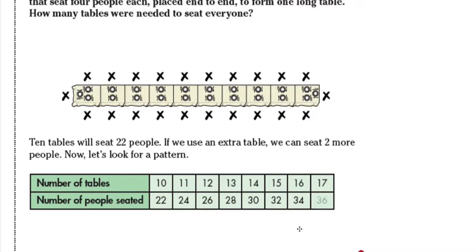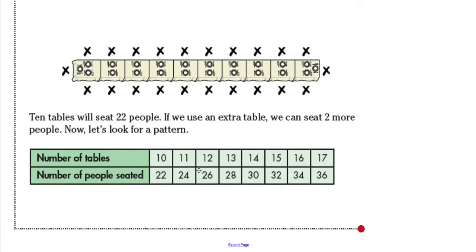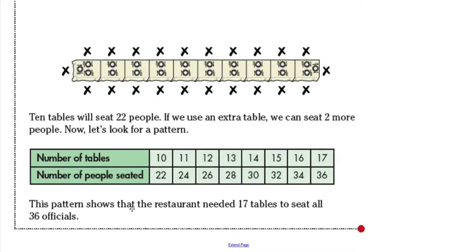And 17 tables, 36. So if you look closely, this pattern shows that the restaurant needed 17 tables to seat all 36 officials. So you can see by drawing a diagram how you can solve a particular problem.